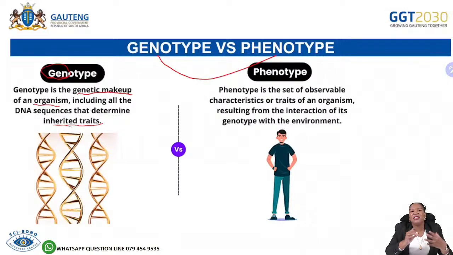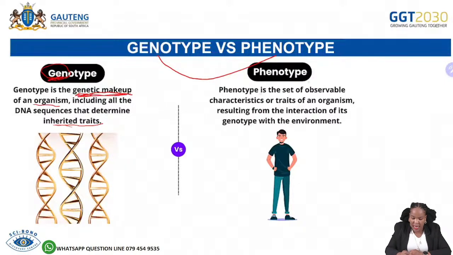So whatever that is making you to be who you are today, we can't see with our naked eye, but we know that you have the DNA that has the genes that gave you the characteristics that you have. So those genetic makeup, that whole genetic makeup that makes you who you are, that we cannot see with our naked eye, is called a genotype of an organism.